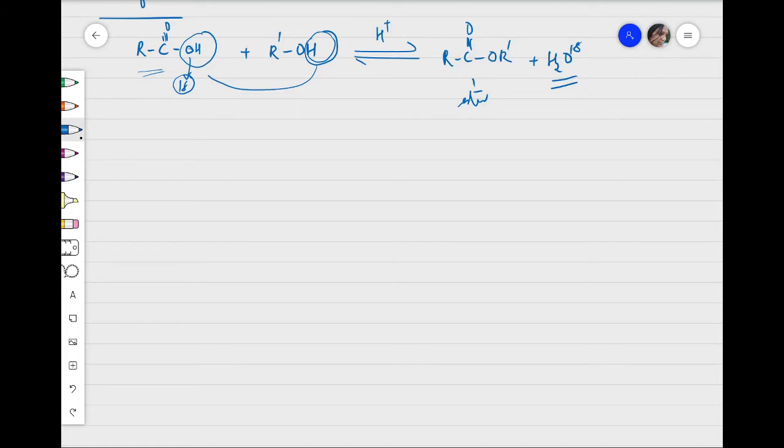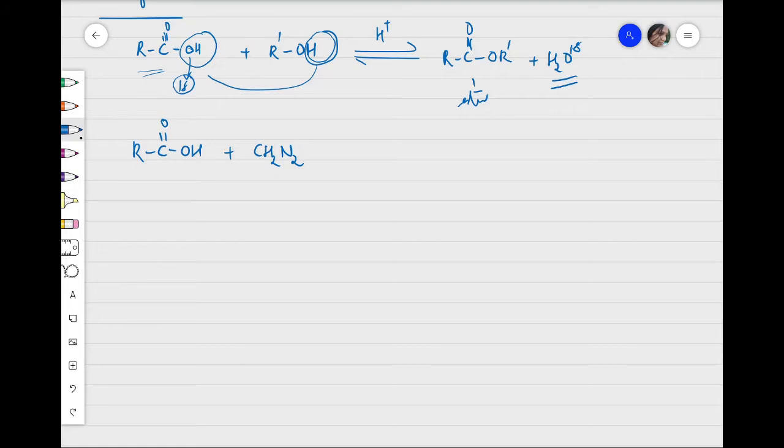Another way of preparation of esters can be when you react acids with diazomethane.